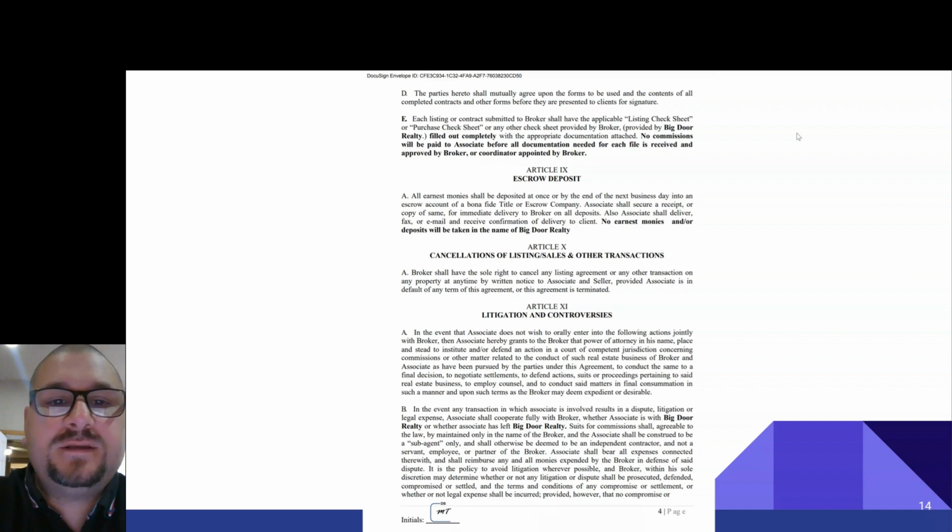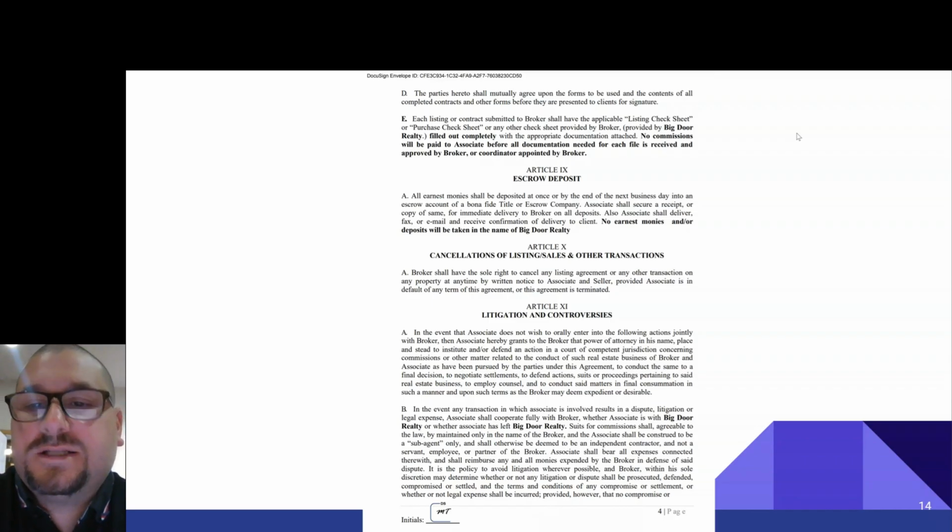All right, Article 10, cancellations of listing, sales, and other transactions. Broker shall have the sole right to cancel any listing agreement or any other transaction on any property at any time by written notice to associate and seller, provided associate is in default of any term of this agreement or this agreement is terminated.